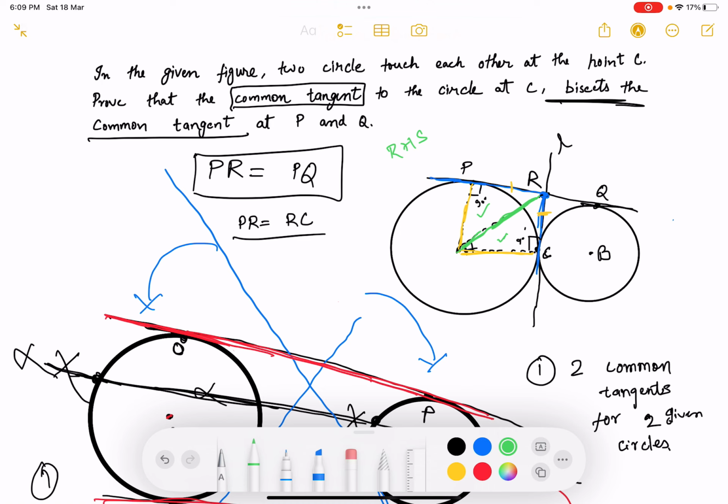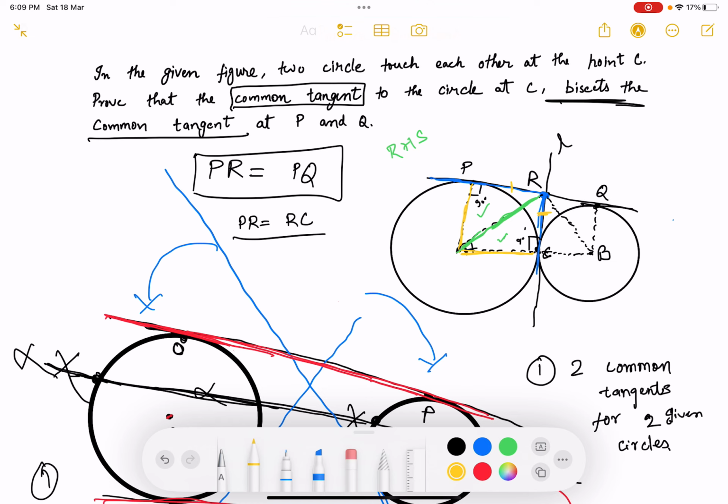Similarly, for this case also, if we draw the radius here, and then we join this. So again, what we have, radius equal to radius.